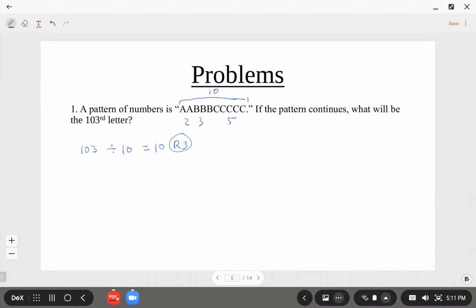Let's pay attention to the remainder part because we're starting a new sequence here. And the third letter of our sequence is a B. So therefore the answer is B. Are there any questions on this very easy question? I hope there aren't.